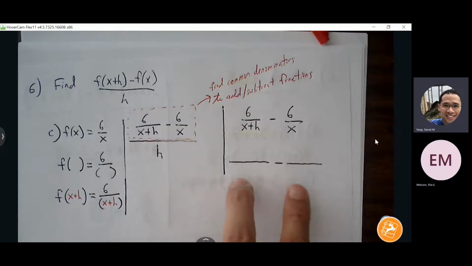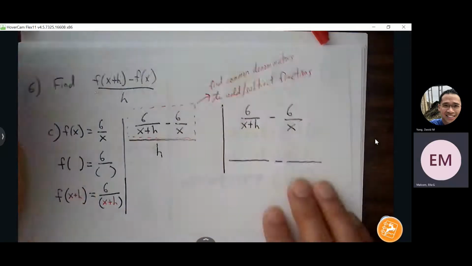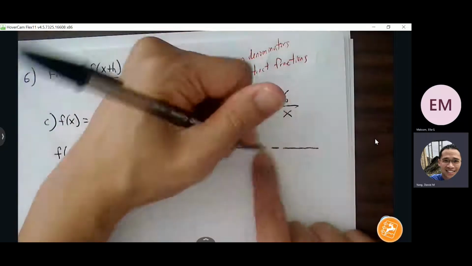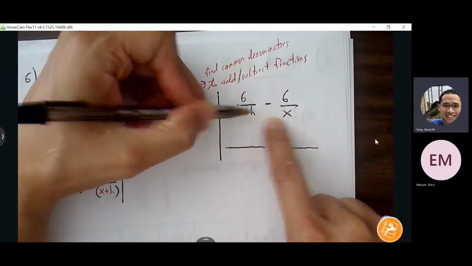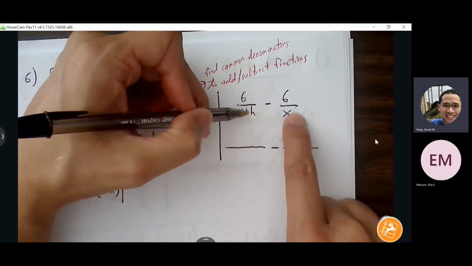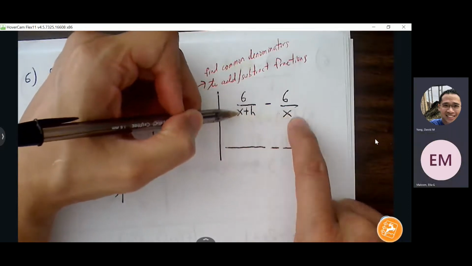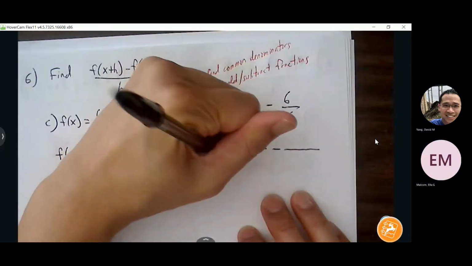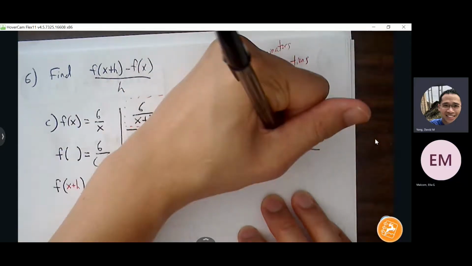It has to show characteristics from both these denominators. It'll be x squared plus hx? Yes, because we can't just say x plus h, because x is not the same as x plus h. If I have two completely different denominators, I need both of them to create my common denominator. So I'm going to leave it in factored form, but that's exactly what you were saying.